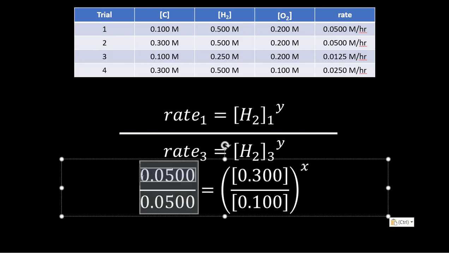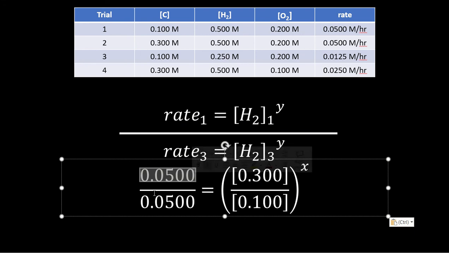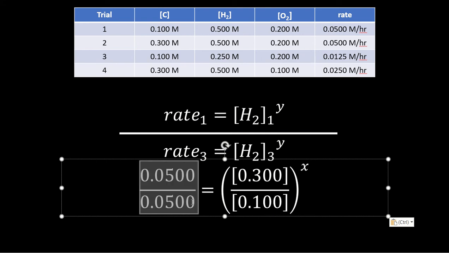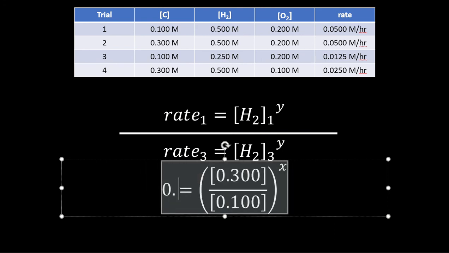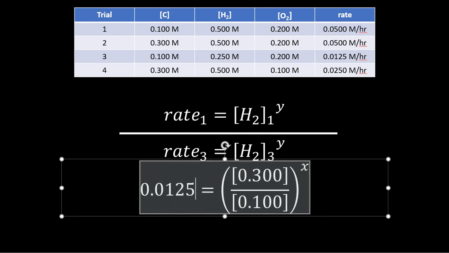The rate of trial 1 is 0.0500 molars, and the rate in trial 3 is 0.0125 molars.